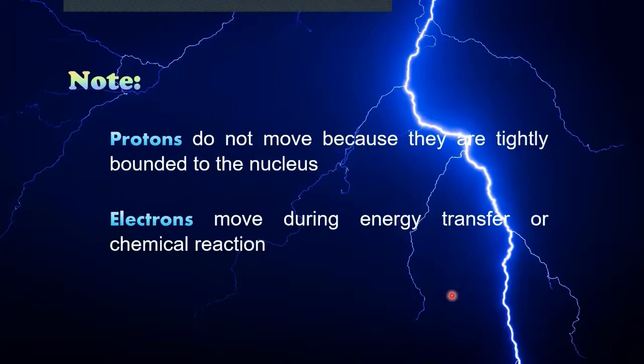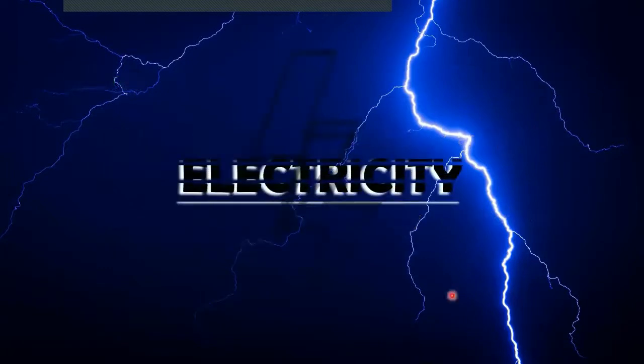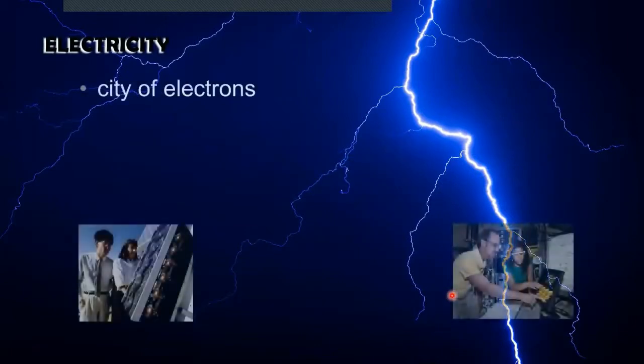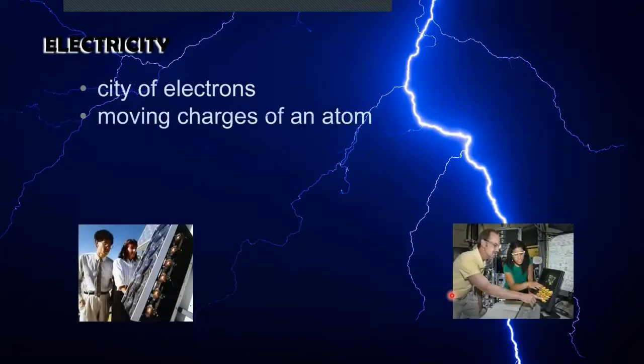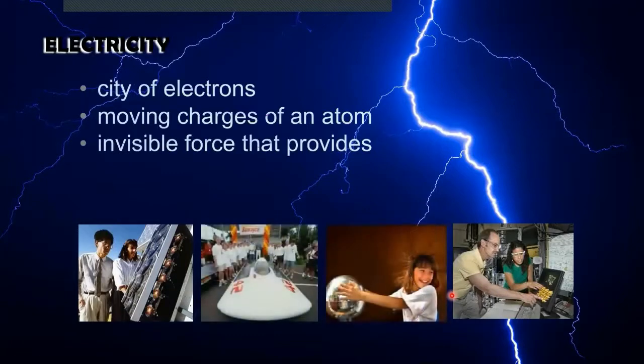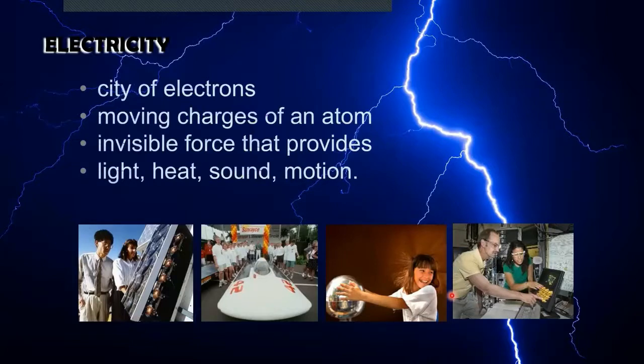It's either one atom will lose or will gain electrons, and when that happens, electricity is formed. And to define electricity, it is known as the flow of electrons. Again, it is the moving charges of an atom, and it is the invisible force that provides light, heat, sound, and motion. Can you imagine life without electricity?